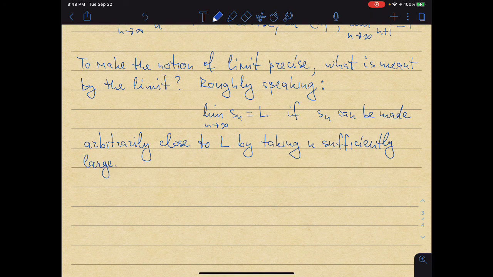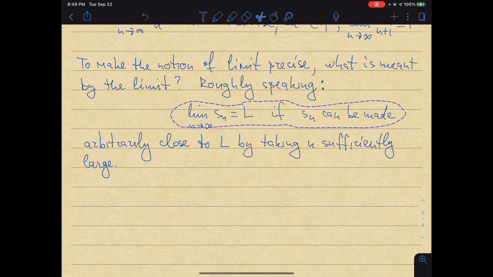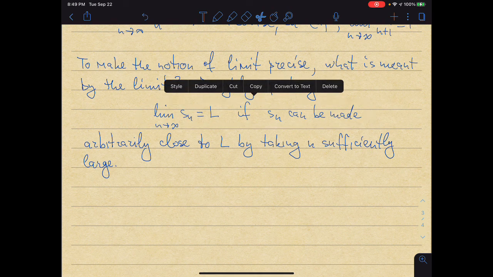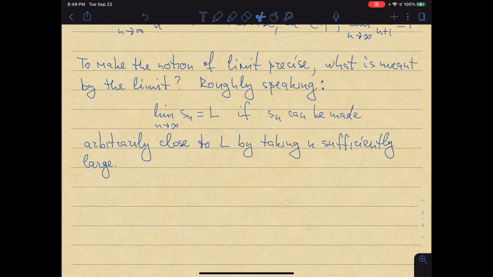So this passes as a pretty good definition of a limit until you start digging. The following things are not actually as clear as they appear to be. If I'm saying that I can make Sn arbitrarily close to L, what exactly do I mean by this? What does it mean that Sn is close to L?